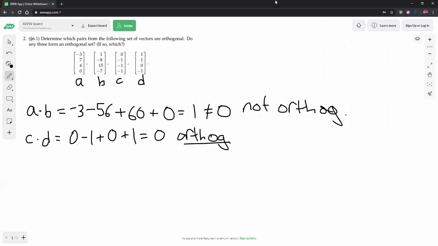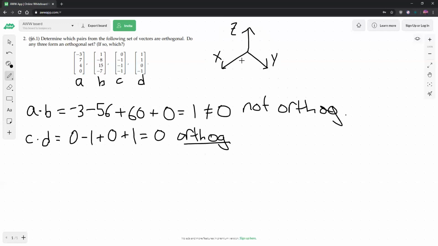And orthogonal sets are neat because, think about R3, think about the 3D world that we live in. We like to define everything with X, Y, and Z, which are orthogonal vectors, right? Now this is R4, so it's a little bit different.